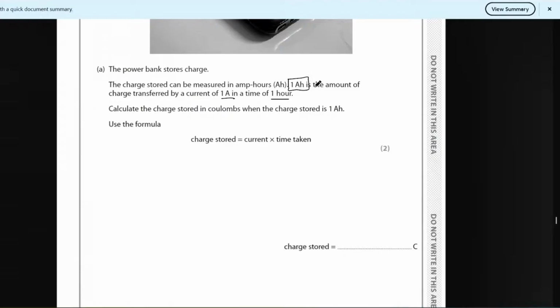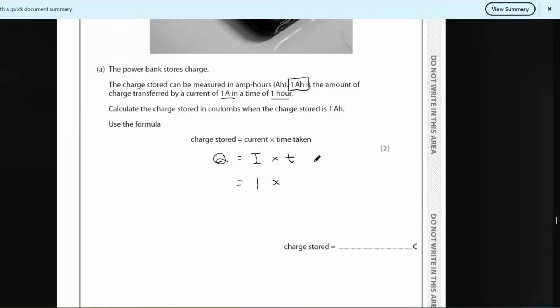1 ampere hour is the amount of charge if it is charged with a current of 1 ampere in a time of 1 hour. How are charge, current, and time related? It's given by the formula Q is equal to current I times T. We need to calculate the charge stored. Q is equal to, so current will be 1 ampere over a period of 1 hour.